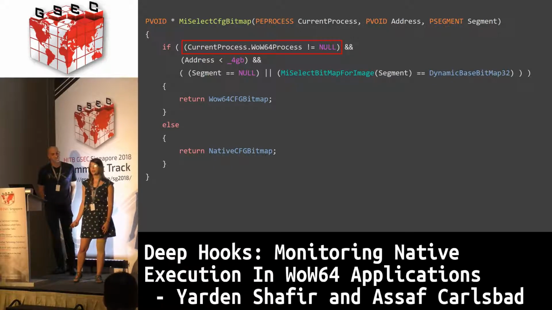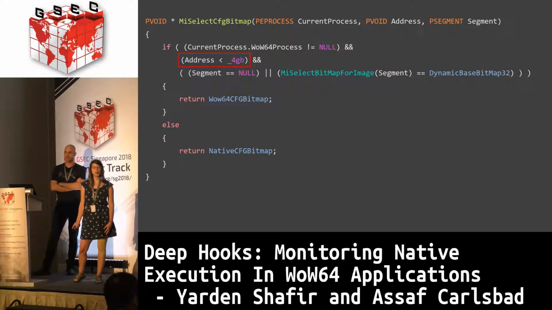This function chooses the correct bitmap to mark this memory in based on a few simple checks. First, the process must be a WoW64 process. If it isn't, the process should only have one native CFG bitmap, so it will always be returned. Second, if we are running a WoW64 process, the address must be below 4 gigabytes. In WoW64 processes, most of the memory above 4 gigabytes is reserved and we can't access it or allocate it normally. So this check should almost always come true in WoW64 processes.